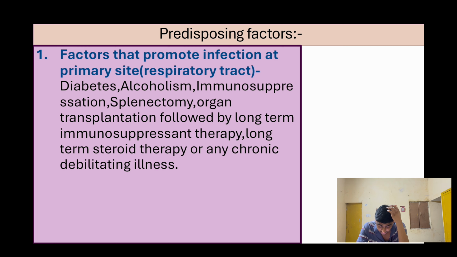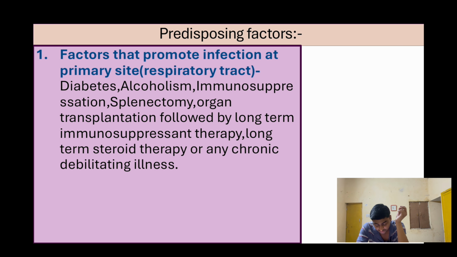Now what are the factors that promote infection at primary site? It is the respiratory tract. It can be diabetes or due to alcoholism or immunosuppression if the patient is taking steroids, and during after organ transplantation the patient is taking immunosuppressive drugs.